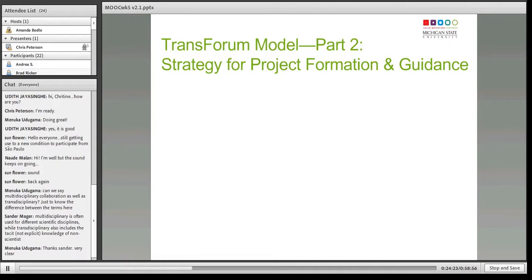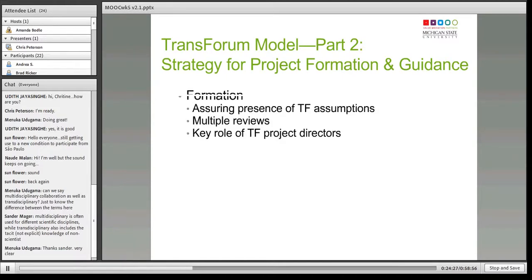In terms of how a project got formulated, there was real work between the staff of Transforum and the project personnel to assure the presence of those 5 Transforum assumptions. There were multiple reviews going back and forth between the Transforum project staff and the projects in the field to assure that those assumptions were really going to be followed in the execution of the project.